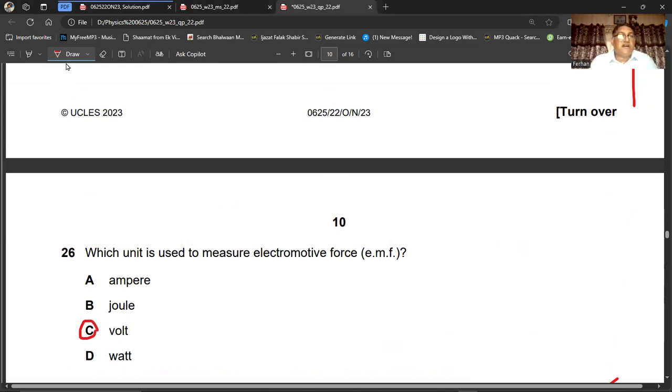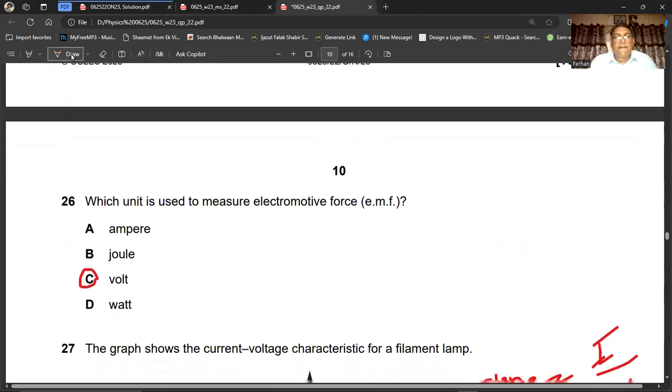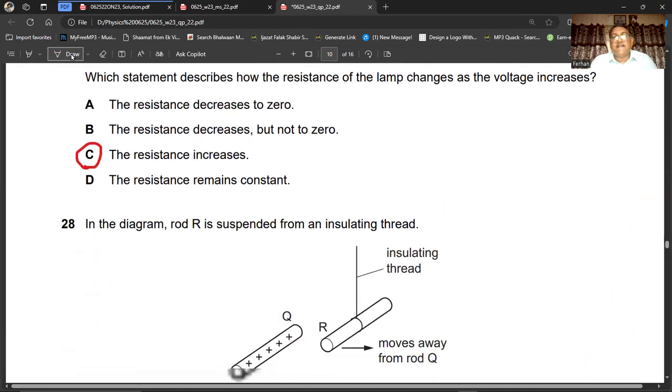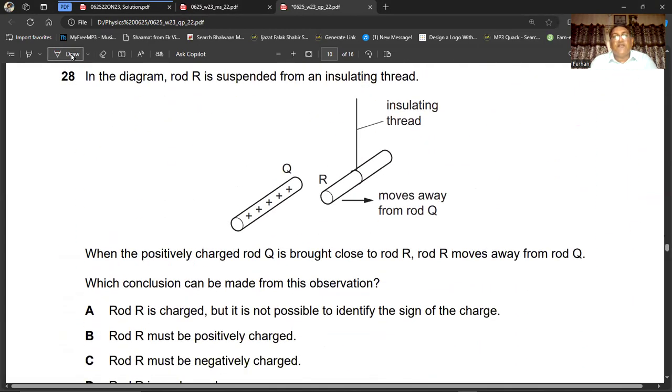That was question number 27. Now we are on question number 28. He says in the diagram, the rod R is suspended from an insulating thread.